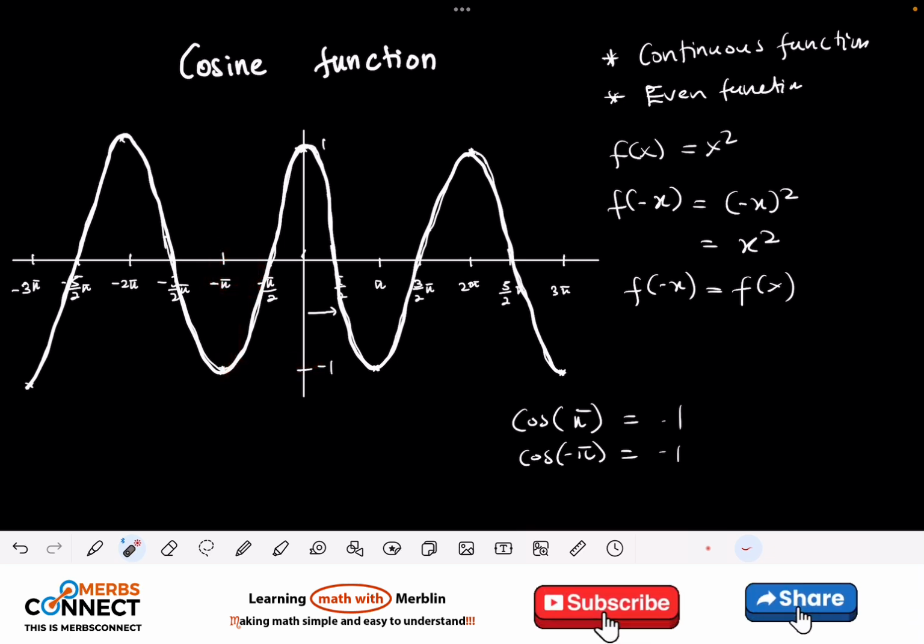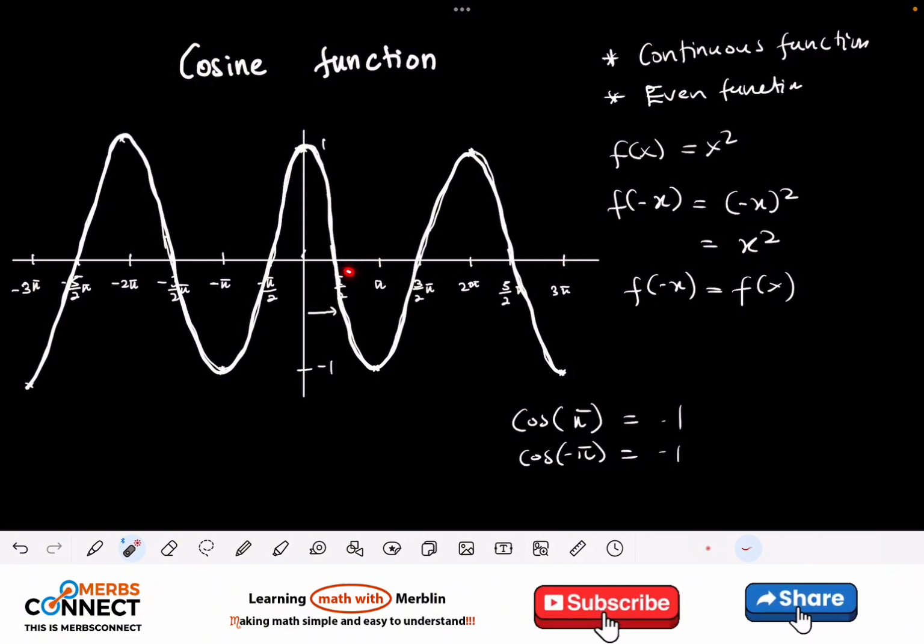So this is how it reads. All the odd multiples of 90 get to 0, or let me say, all the ones with a fraction get to 0. So cos 90 is 0, cos 270 is 0, cos 450 is 0. So the ones with a fraction for cos are 0. We saw in the previous video that for sine, the ones with a fraction are not 0, but rather the ones without a fraction are the ones that get to 0.